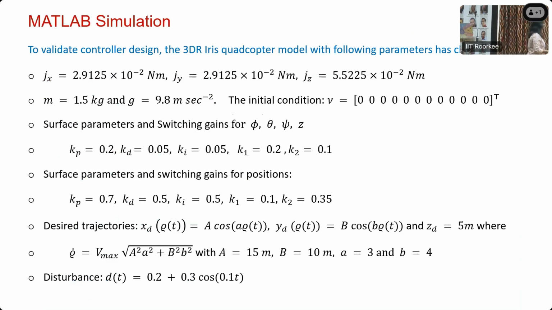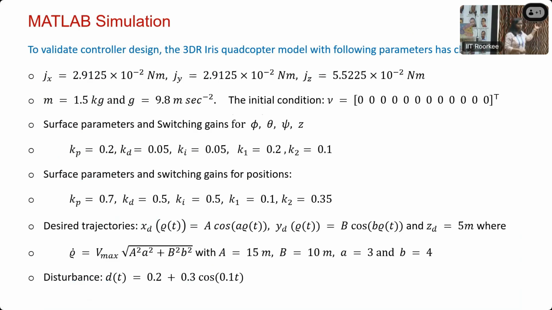Okay, and here we have the maximum speed also, Vmax, and I can show in Gazebo what the value was. And for the MATLAB simulation, we have considered this disturbance, which is, you can see, differentiable and upper bounded also.